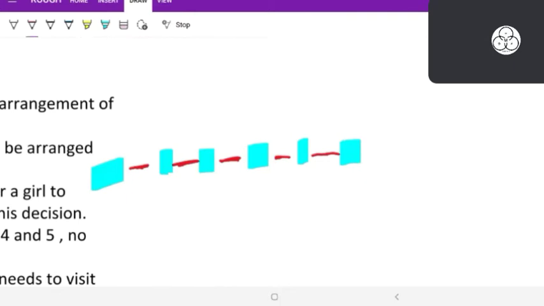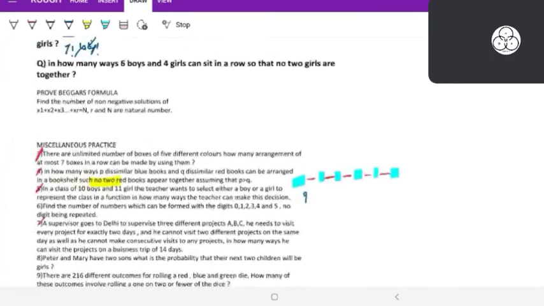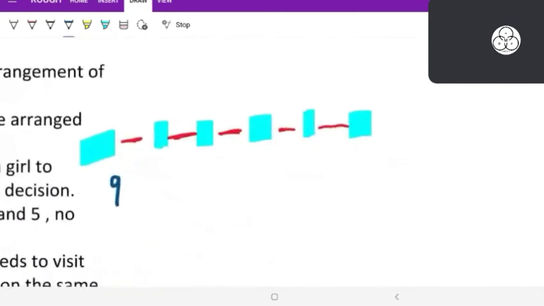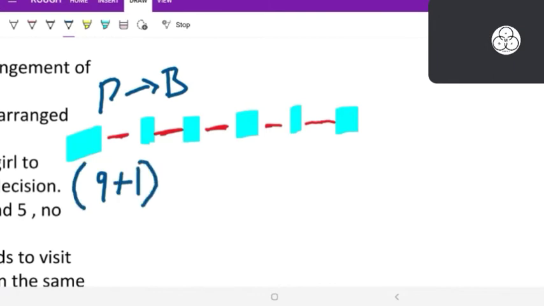How many spaces for blue books are there? Q red books are there. In between the red books, what is the number of spaces available? Q plus 1. Q plus 1 is the number of spaces available.